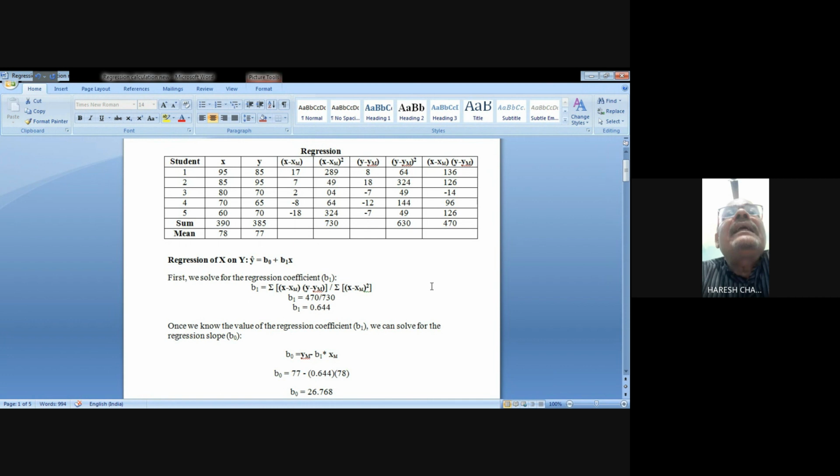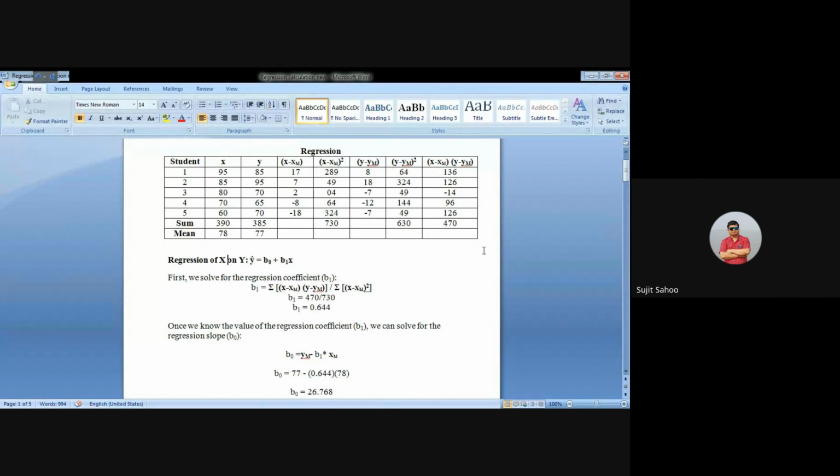Another thing about this is that you can predict the science mark from the mathematics mark. The opposite can also be done: predicting the mathematics mark from the science mark. I explained predicting the science mark from the mathematics mark. But if the question asks for the mathematics mark from the science mark, you will have to change your equation. Predicting science mark from mathematics mark, the regression is y on x.